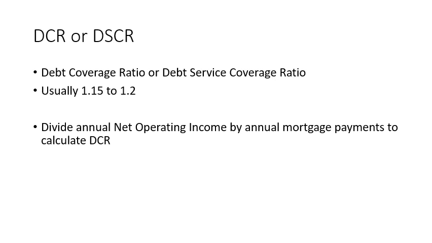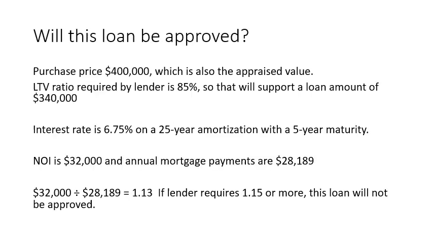A 1.2 means that the lender wants about a 20% cushion, so that even if there are some surprises regarding vacancies or expenses, you will still be able to make the mortgage payments because of the cushion. That's the reason for the DCR or DSCR ratio that lenders require. Same thing, just people call it different things.